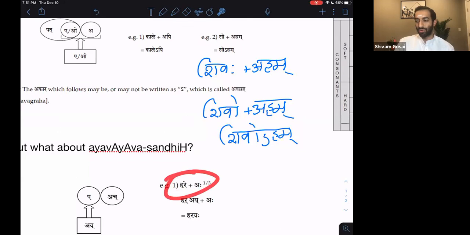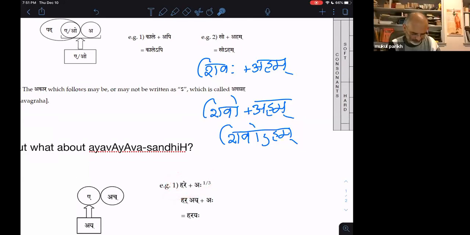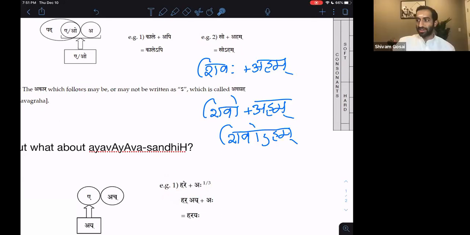So this isn't a fully formed noun yet. These are two different words getting added here: the pratipadika plus the suffix.